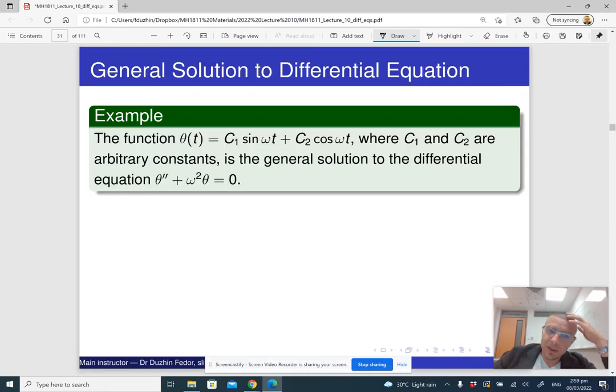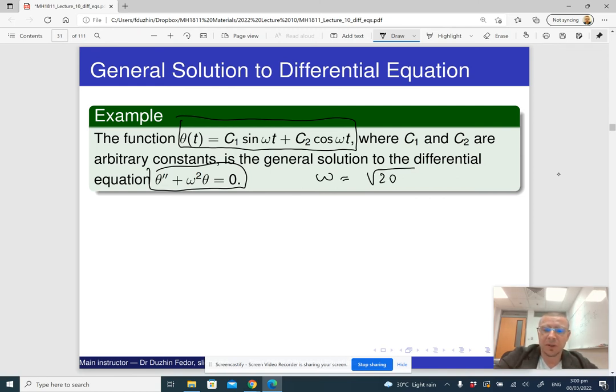So here is an example. This function c1 sine omega t plus c2 cosine omega t is a general solution to this differential equation. So here omega is any particular fixed number. You can think of omega as something like, I don't know, imagine that omega is square root of 2022 or something, right?